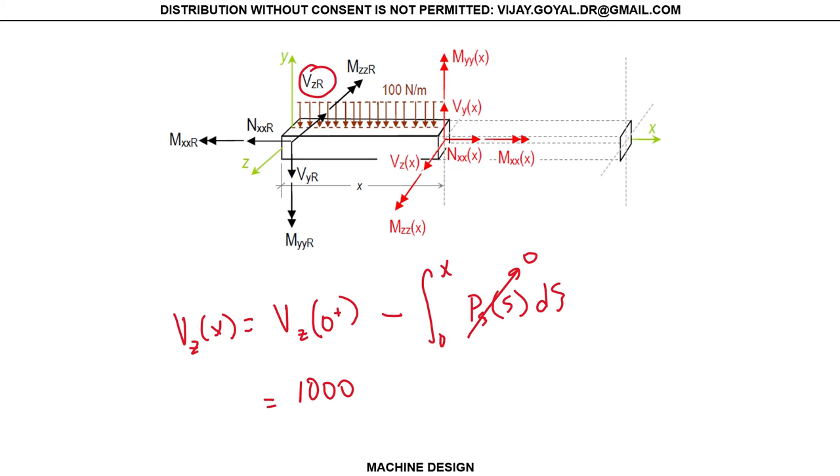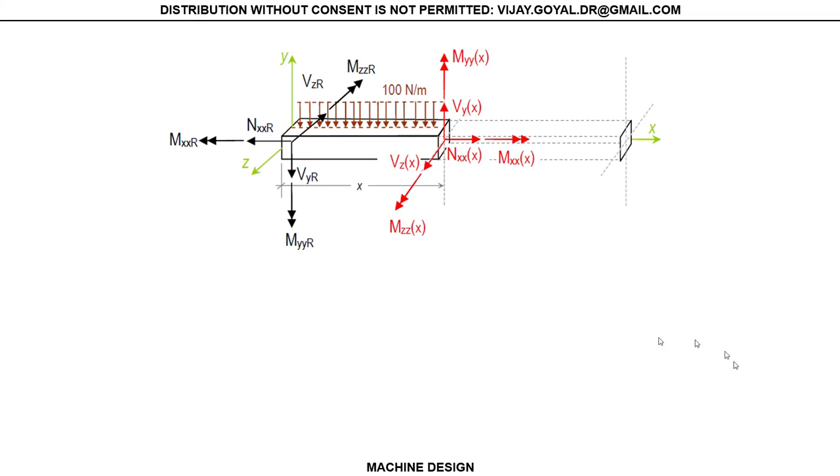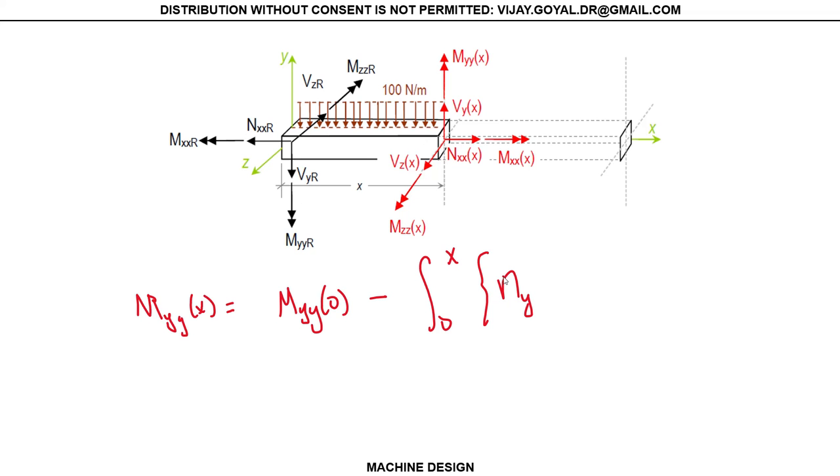There are many other ways to find your moments, but this is a more systematic approach on how to do it. Let me do Myy just to show you how these equations actually work. If you look at my notes, Myy of x is Myy at 0 minus integral from 0 to x of my dξ minus Vz dξ.